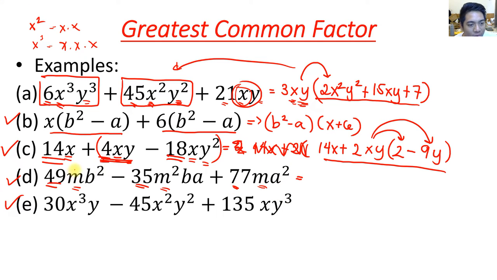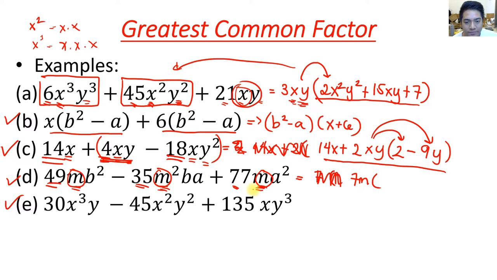So you all have common m squared and m. So you have factored out 7m, and that's common to all of the terms.